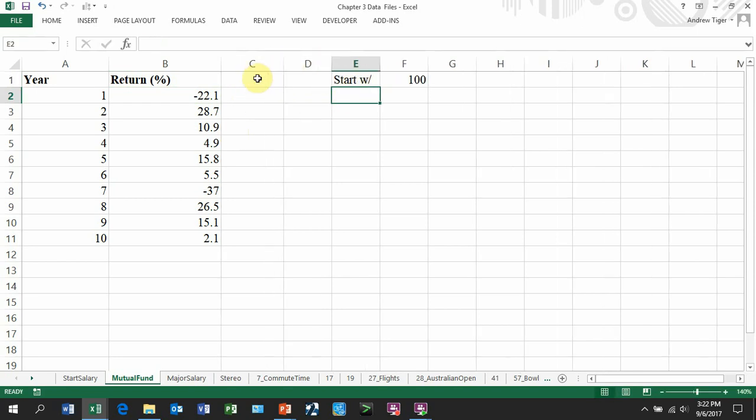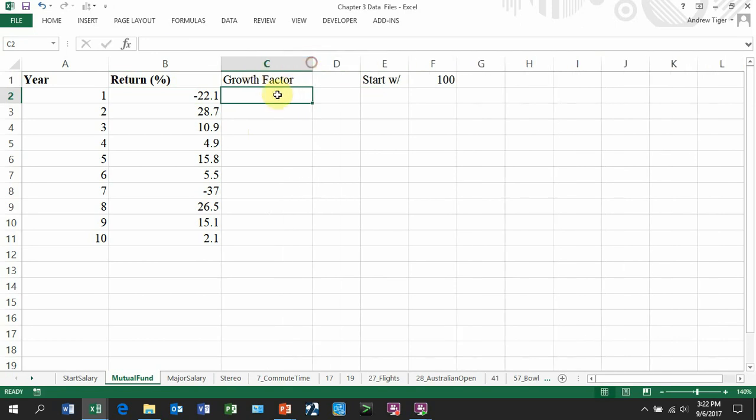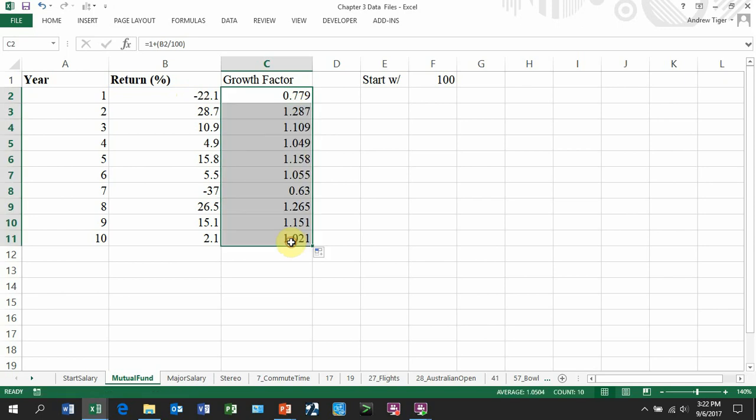Well, what is my growth factor? The growth factor is equal to 1 plus this number. Let's show it as a real number. So my growth factor is, actually I lost money.